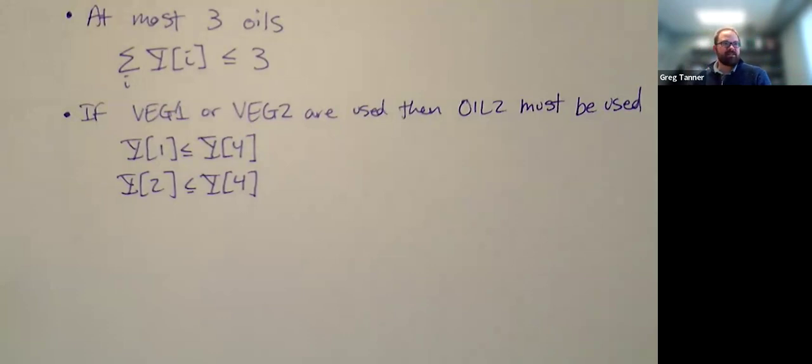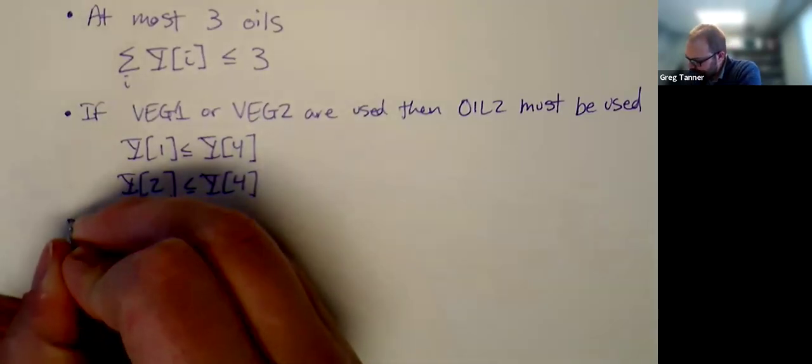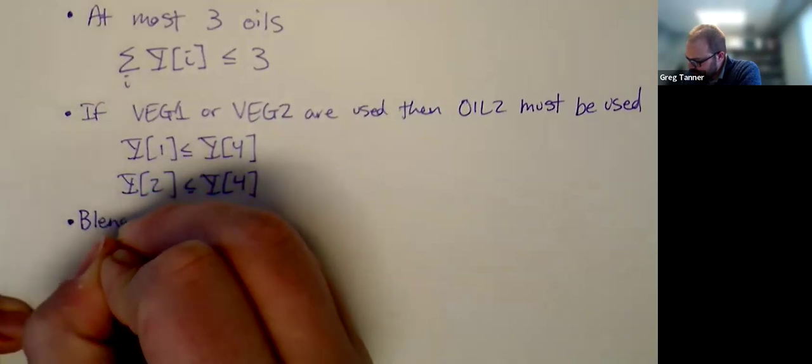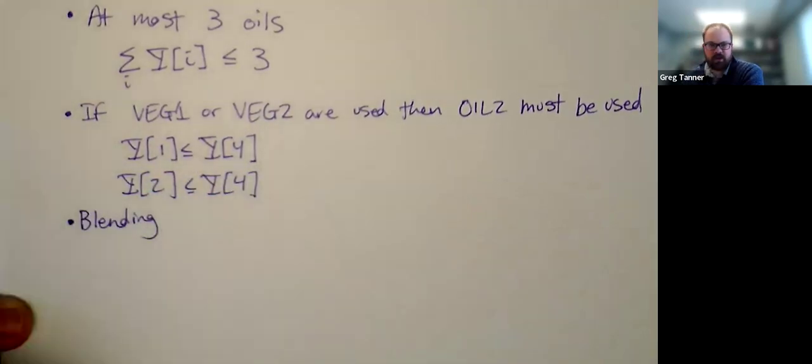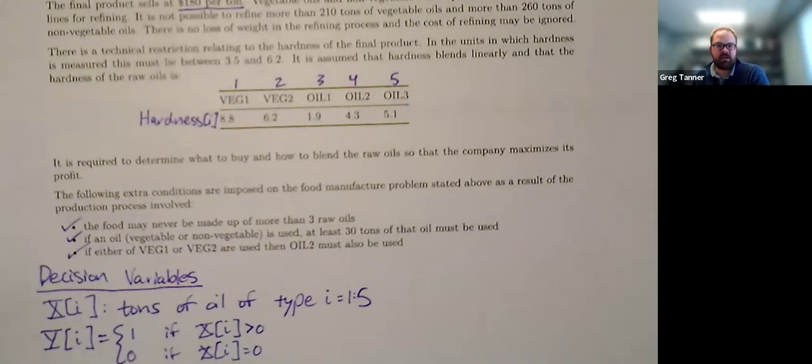So the last constraint is probably the trickiest, which has to do with blending. For blending, we're going to have to take into account this hardness.